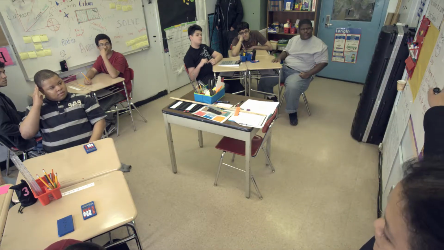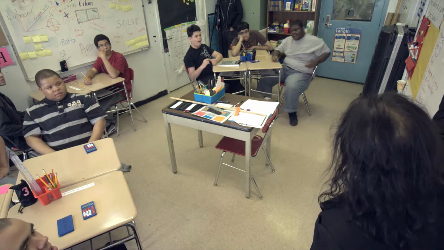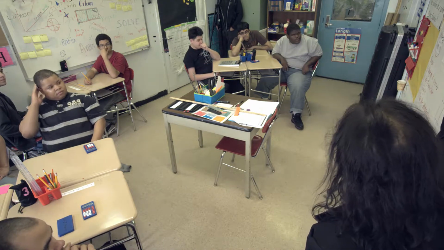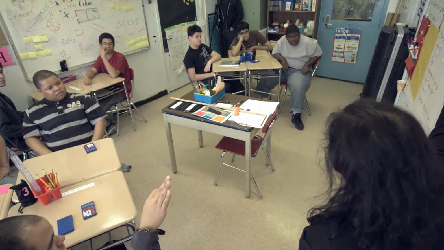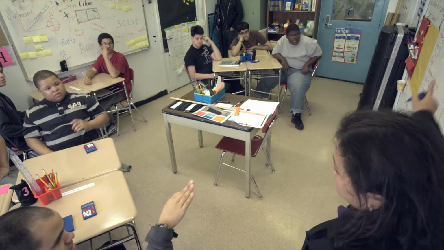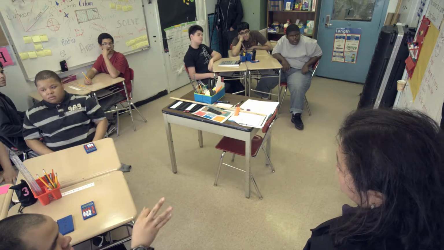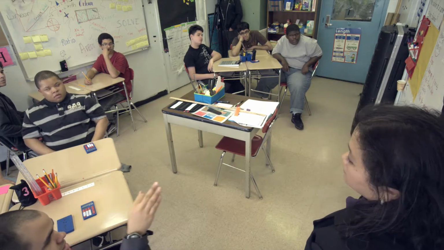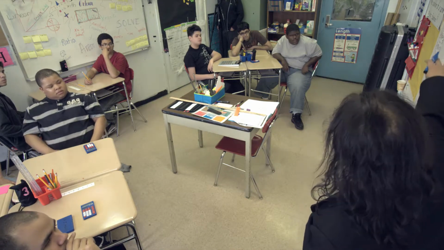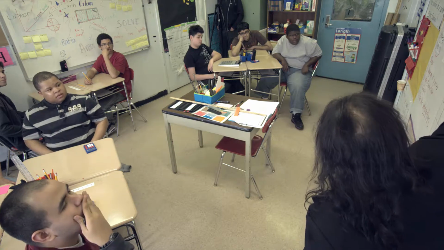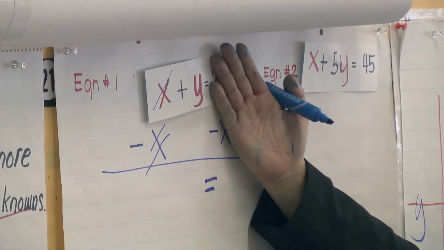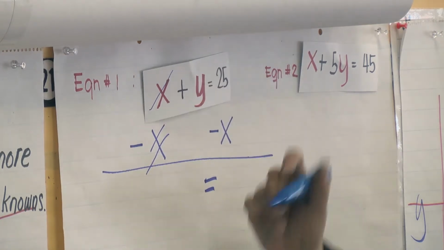What do we do next? What's remaining here? What's the next separation? We cross out. Then what's left? What's on that side? Look here. Do we still have x, guys? No. Only y.